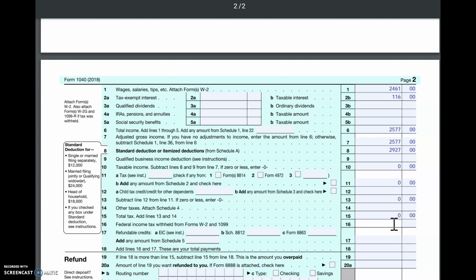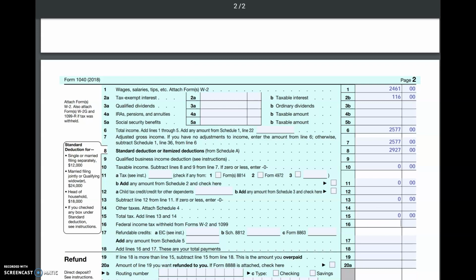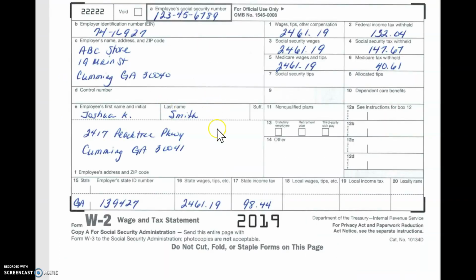Line 16, federal income withheld from forms W-2 and 1099. Let's go over and look at first the W-2. When I look at the W-2 and I look at line number 2, I can see that ABC Store withheld $132.04 from Josh. Okay, I would write that down.